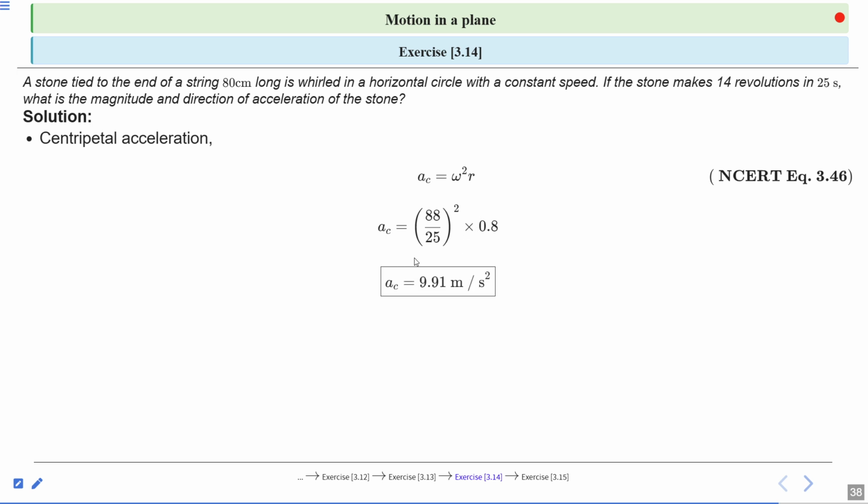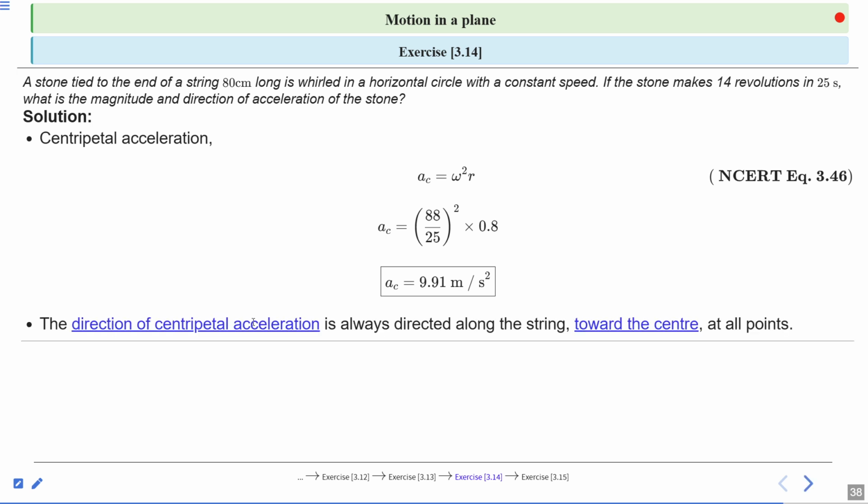Solving this, you will get the centripetal acceleration is equal to 9.91 meter per second square. The direction of centripetal acceleration is always directed along the string toward the center at all points. Clear? The centripetal acceleration always acts towards the center.